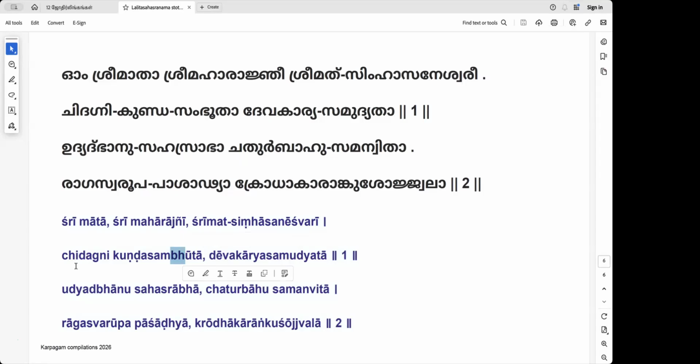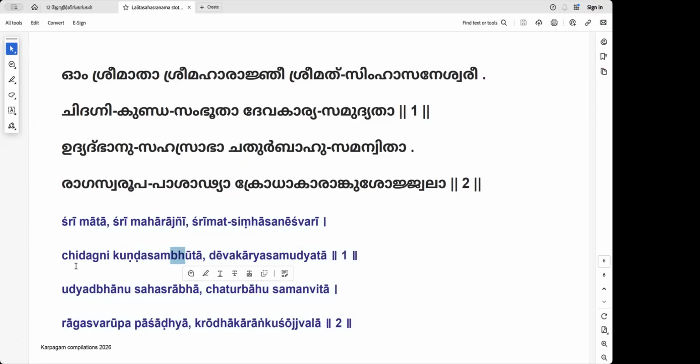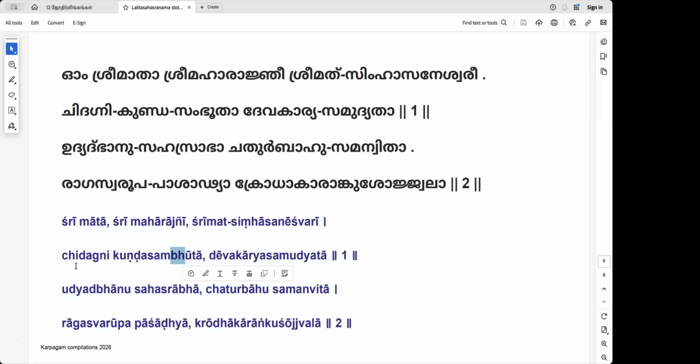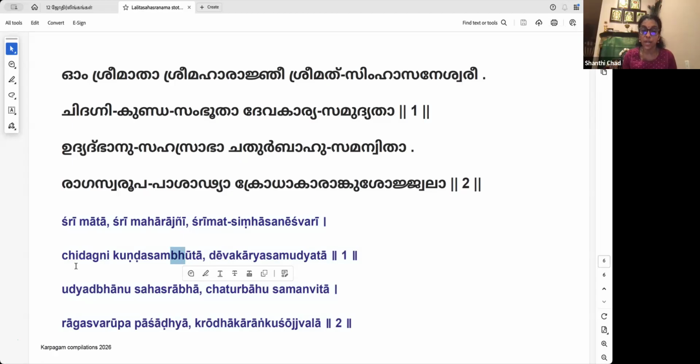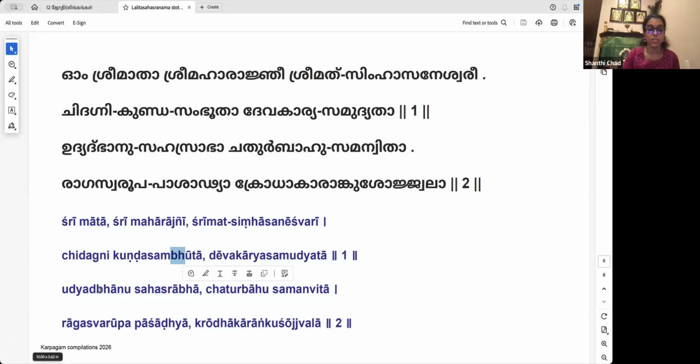Udyat Bhanu Sahasrabha. Correct, yeah. Both are Mahapranas. Bha, bha.